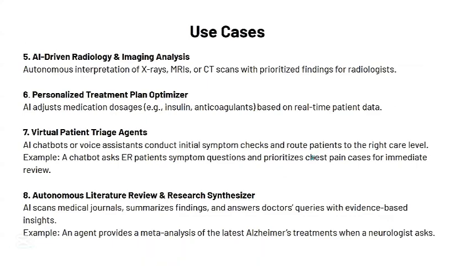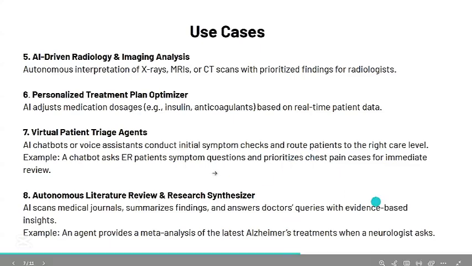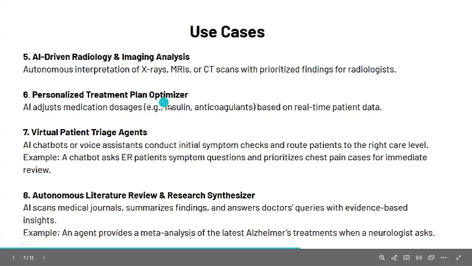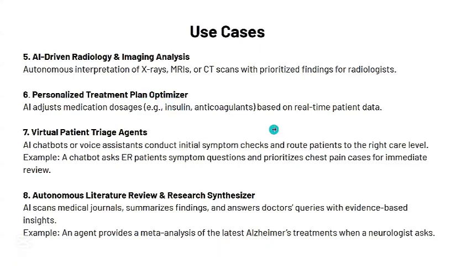And radiology and image analysis also. It is very good if we can detect early if there is an abnormality in the medical imaging. Then we can have an autonomous agent to monitor those things, and if we detect anything abnormal, we can give priority to that patient. And also personalized treatment planning.